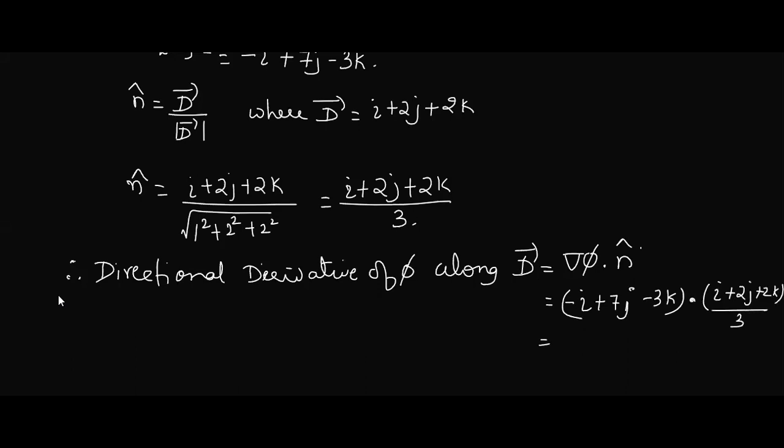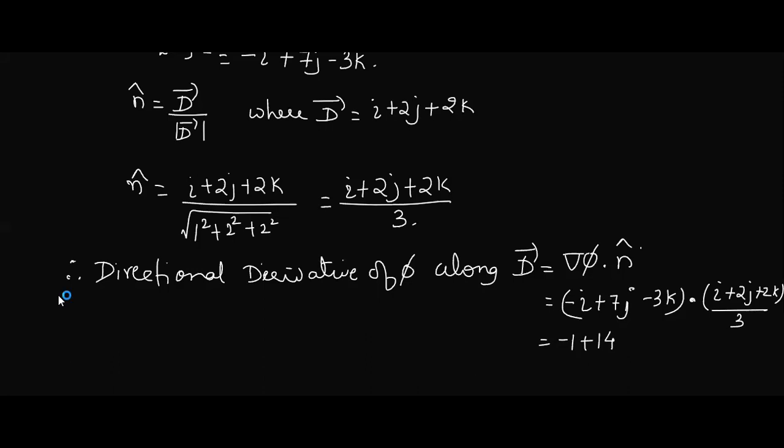For the dot product of two vectors, we multiply coefficients: A1 B1 plus A2 B2 plus A3 B3. Minus 1 into 1 is minus 1. 7 into 2 is 14.